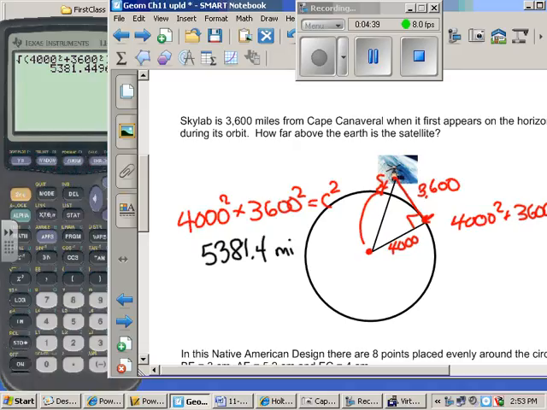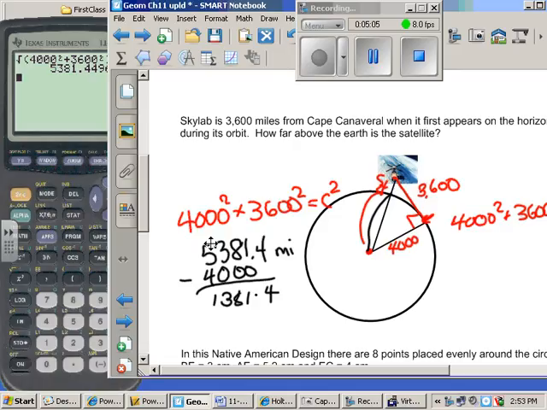Then we know the radius, the distance from the center of the Earth to the crust, is 4,000. So I'm going to take away that 4,000. So it must be 1,381.4 miles above the Earth, right?